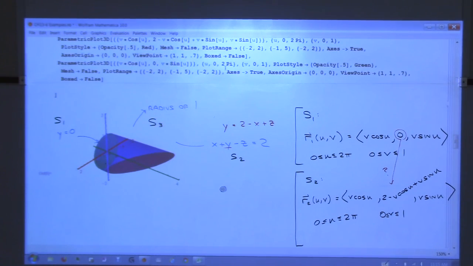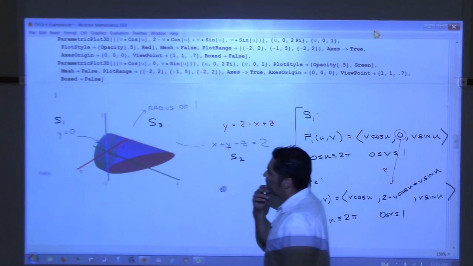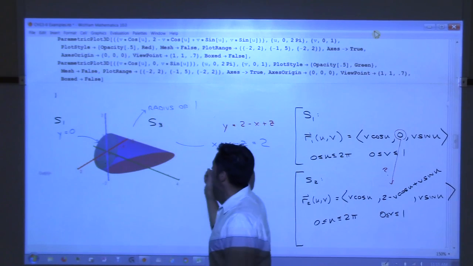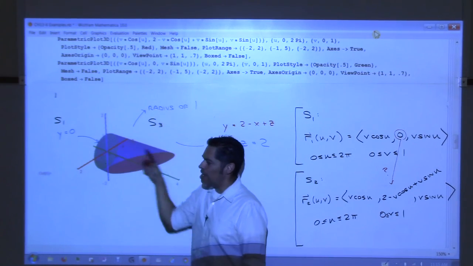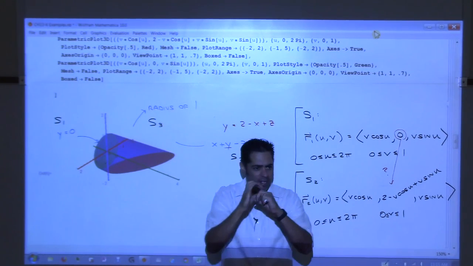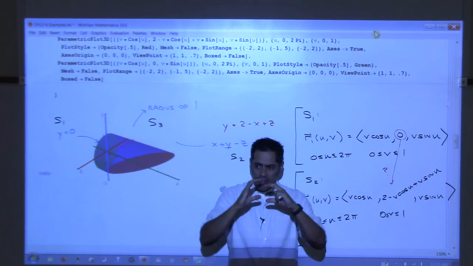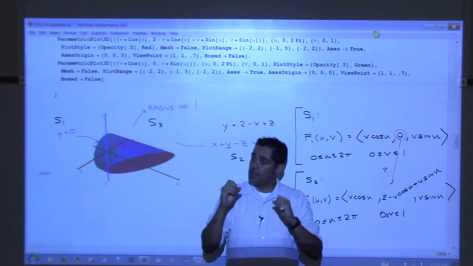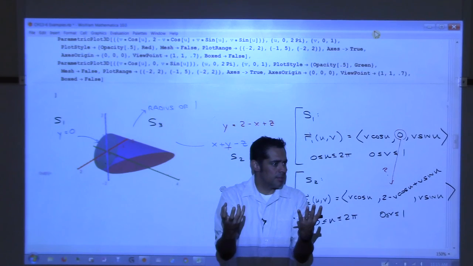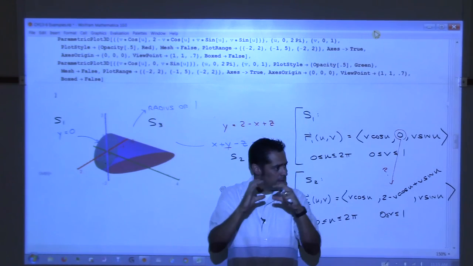S3. All right. S3 I say for the end because S3 I guess is the most complicated one. The big difference between S1, S2, and S3 is that with S1 and S2, you're really drawing these disks, right? With a varying radius. And that eats up both your variables, u and v, to do that, right?